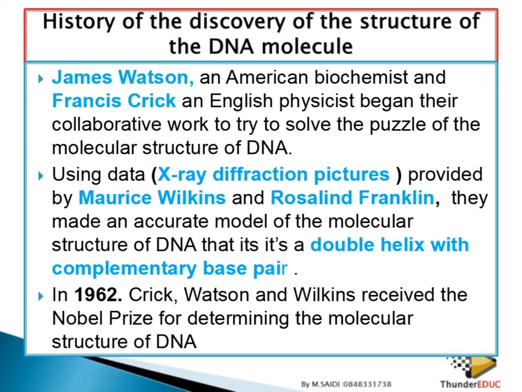Now in 1962, Crick, Watson and Wilkins received the Nobel Prize for determining the molecular structure of DNA. By then, Rosalind Franklin had passed away. So that is why she's not mentioned among the people who won the Nobel Prize for this achievement.